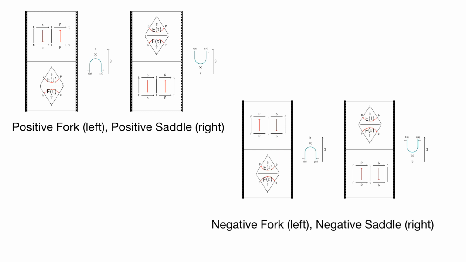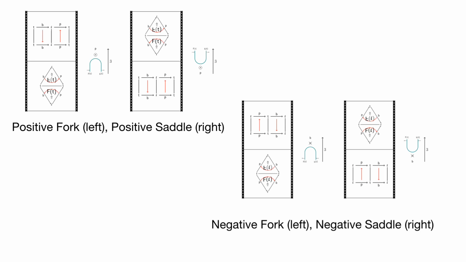We also have triple arrows which are a positive fork and a positive saddle, a negative fork and a negative saddle. For terminology's sake, a tailor, when adjusting the pants, will ask how it fits in the fork. And so the fork of the pants is where the legs converge.